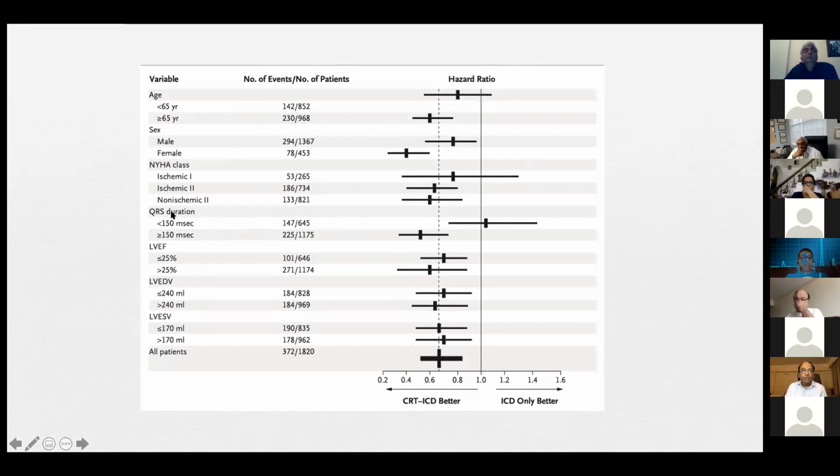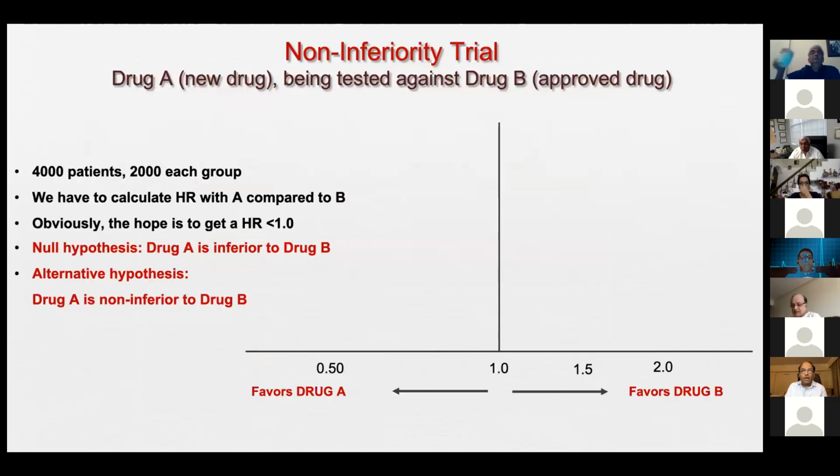For example, here in the QRS duration, you can see that in less than 150 milliseconds, it is not effective, or CRT-ICD. In this case, at the bottom, you can see whether ICD only is better, or CRT-ICD. This is from, I think, MADIT-CRT. And so it was in the widened QRS patients that CRT plus ICD was clearly better. So this kind of interpretation you can draw from this graph.